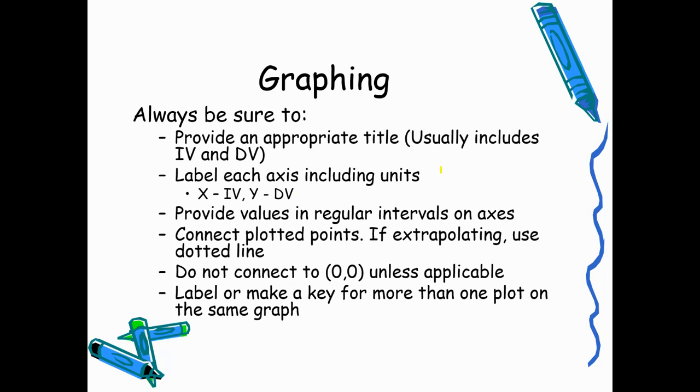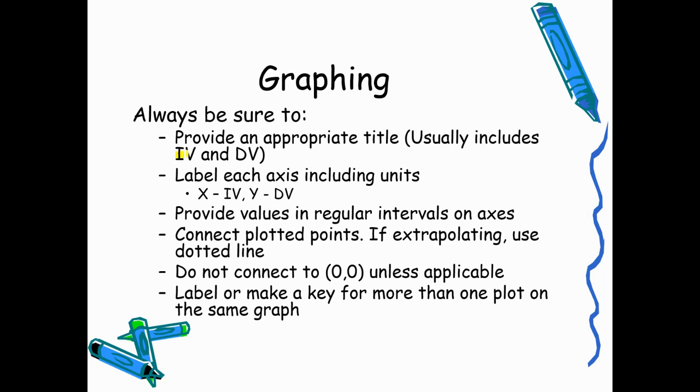So number 1, there should always be an appropriate title. And in science, we're definitely moving away from the cutesy titles that you may have done back in lower grades. It's essentially the independent and the dependent variable. So sometimes you'll simply say the independent variable versus the dependent variable, or the effect of blank on blank, okay?